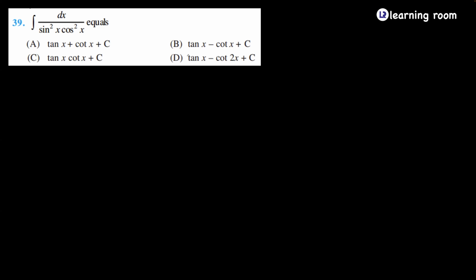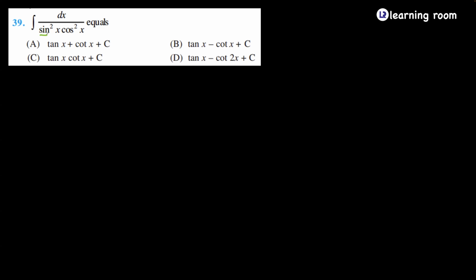Secant square x I know. But the relation between sin square x and secant square x was not used. See, listen. I'll do it in two methods and show you. Listen to this. I'll use your idea also. Okay, we'll use both.